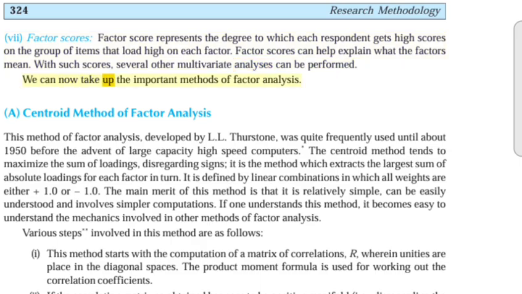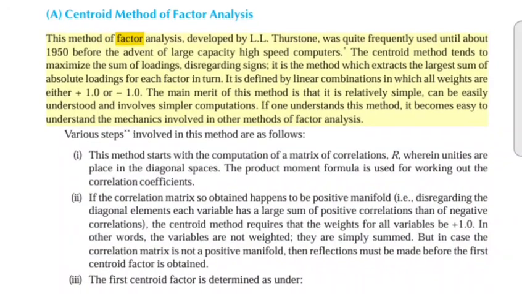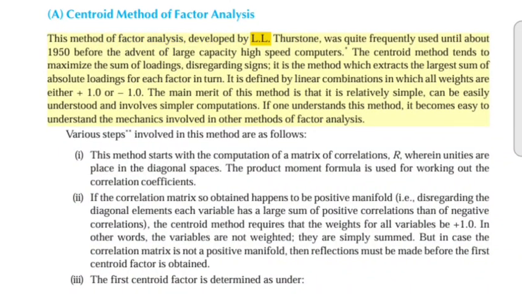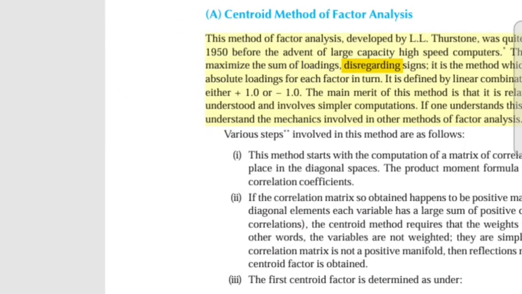We can now take up the important methods of factor analysis. A. Centroid method of factor analysis. This method of factor analysis, developed by L. L. Thurstone, was quite frequently used until about 1950, before the advent of large-capacity high-speed computers. The centroid method tends to maximize the sum of loadings, disregarding signs.